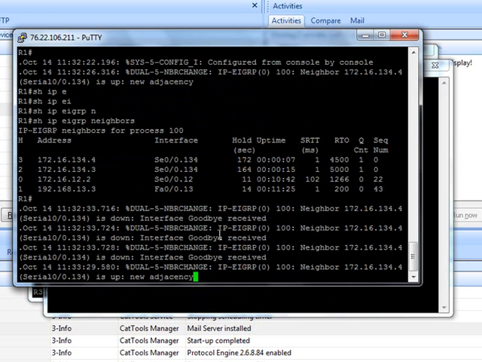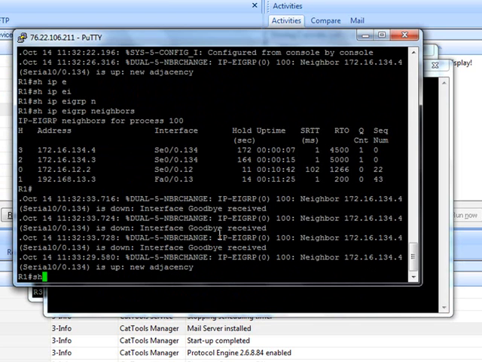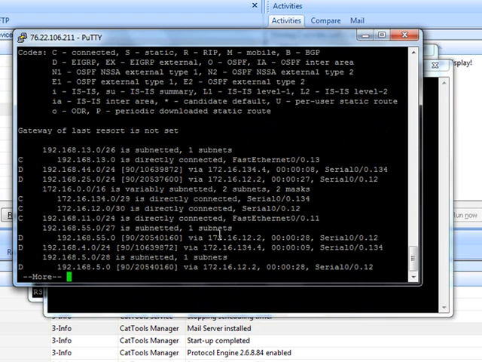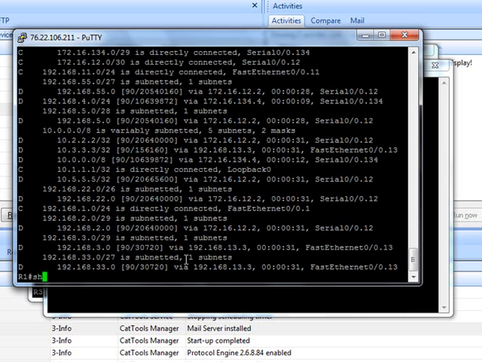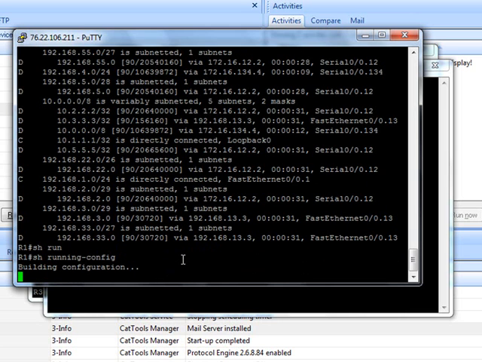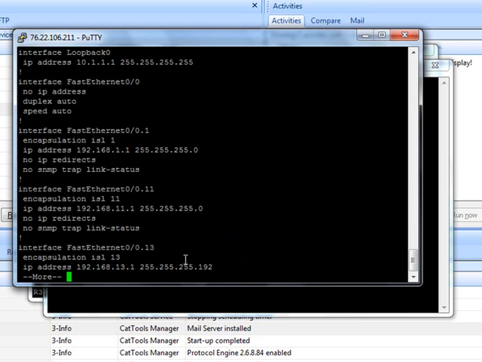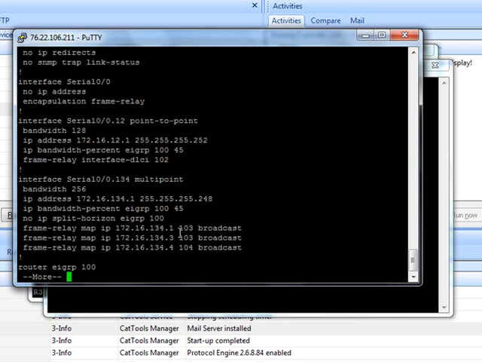Go back to R1. Route. Make sure it's correctly identified under the interface. And it's got that correct.